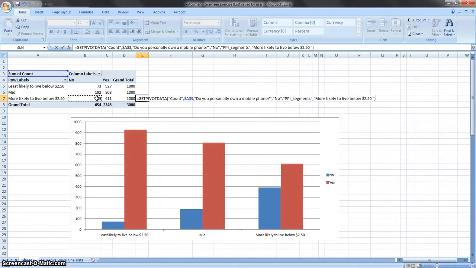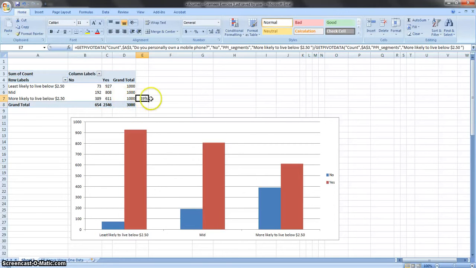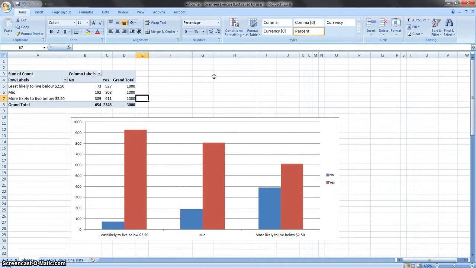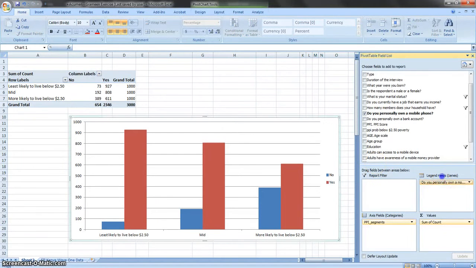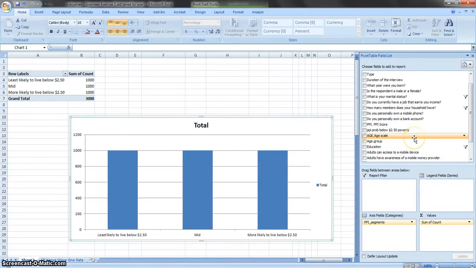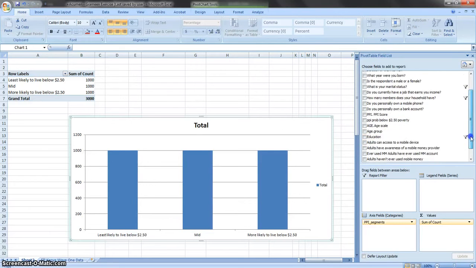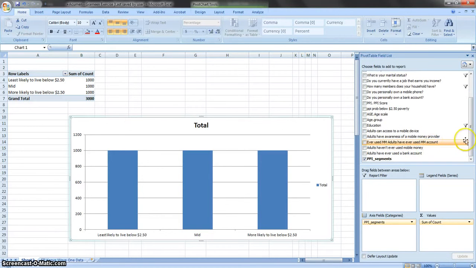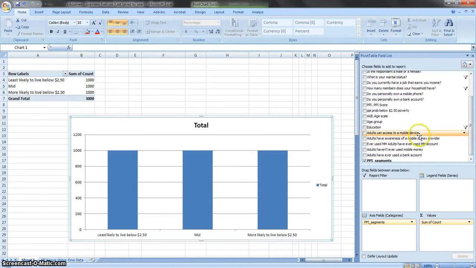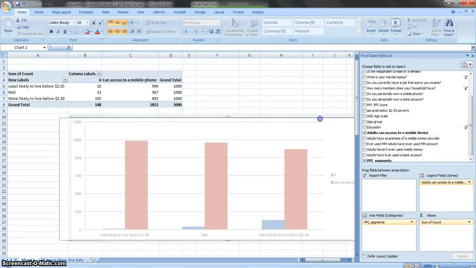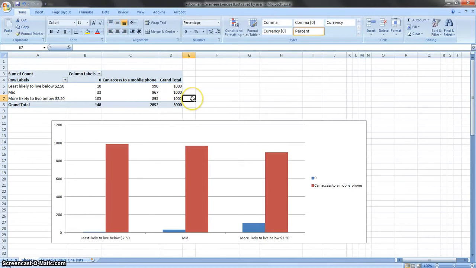But still, you have only 40 people who do not have a mobile phone, which is also encouraging. So now we're going to check if they have access to a mobile phone. You probably don't have a mobile phone, but you can access one. And now we see that most of our respondents, 90% at least, have access to a mobile phone.